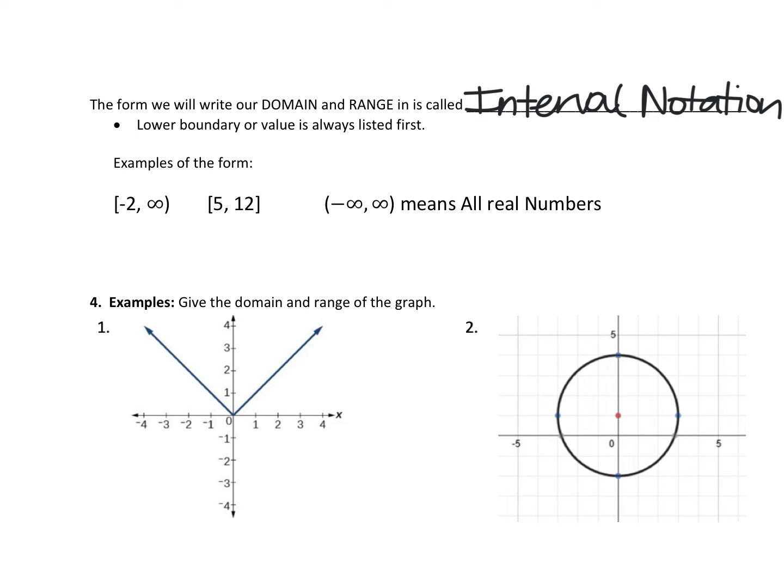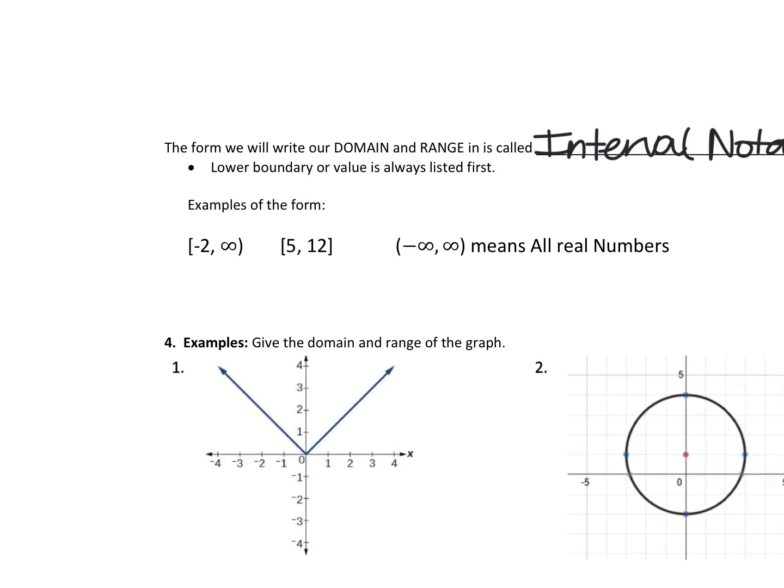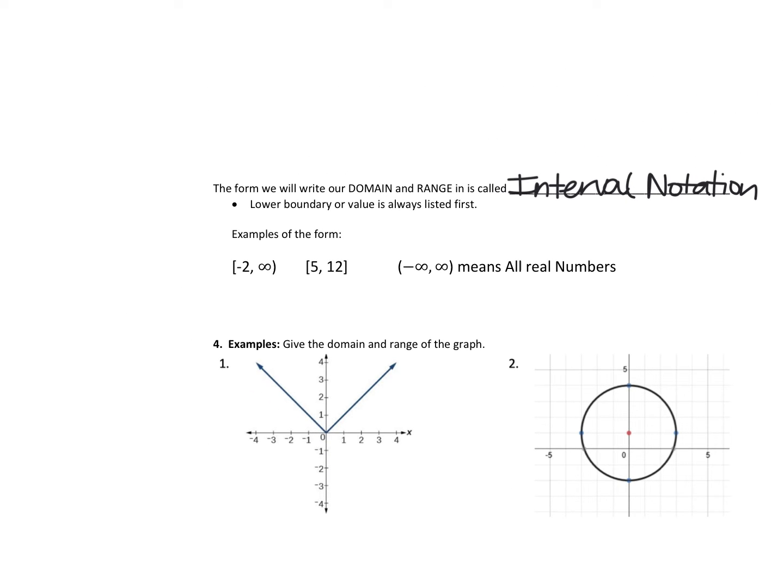So if you look here, here's examples of the new form for you, because you would not have done this in Algebra 1. The one that you see with brackets and parentheses is called interval notation, okay? So you see some examples there.